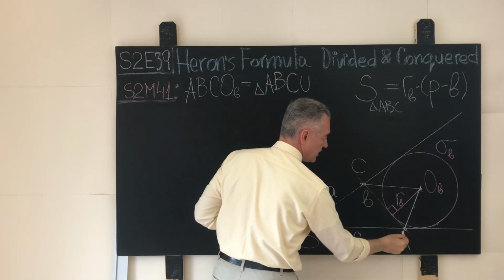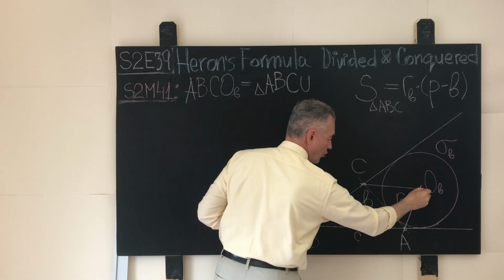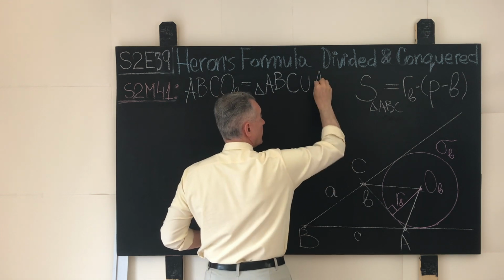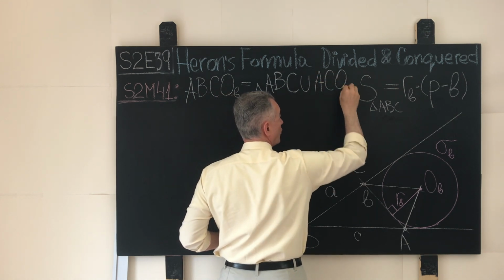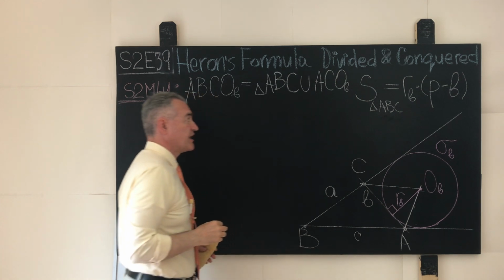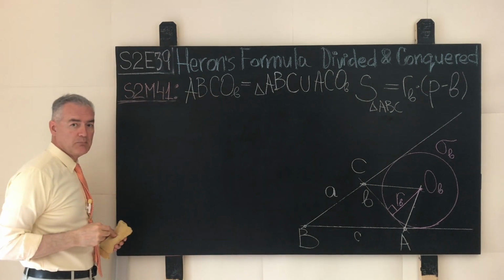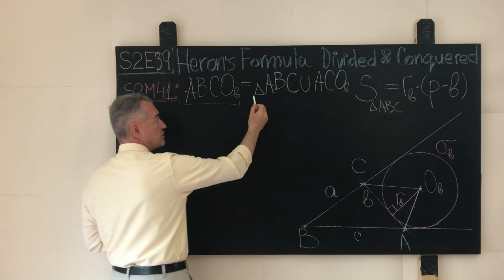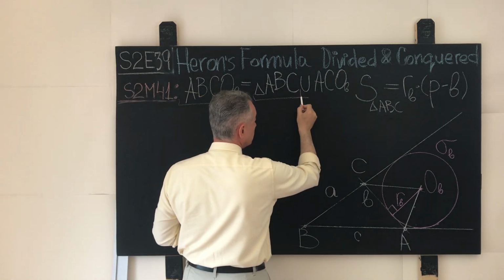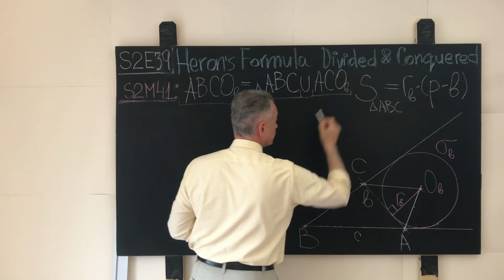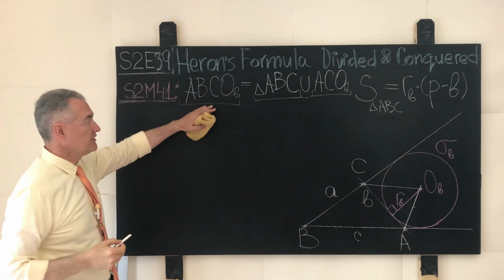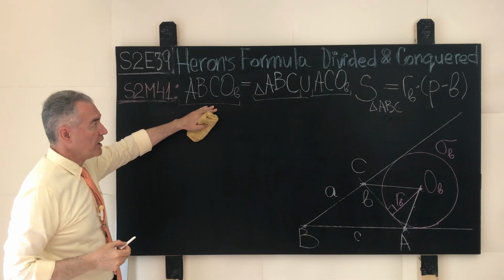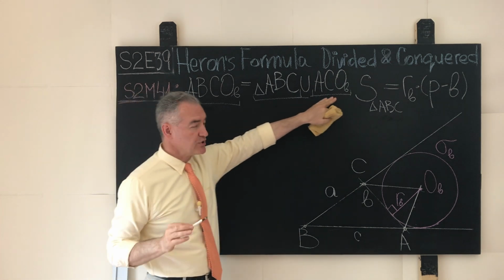The triangle A, C, O, B. And what does that maneuver do for us? Step number one: divide the whole into a number of smaller and simpler primitive parts.